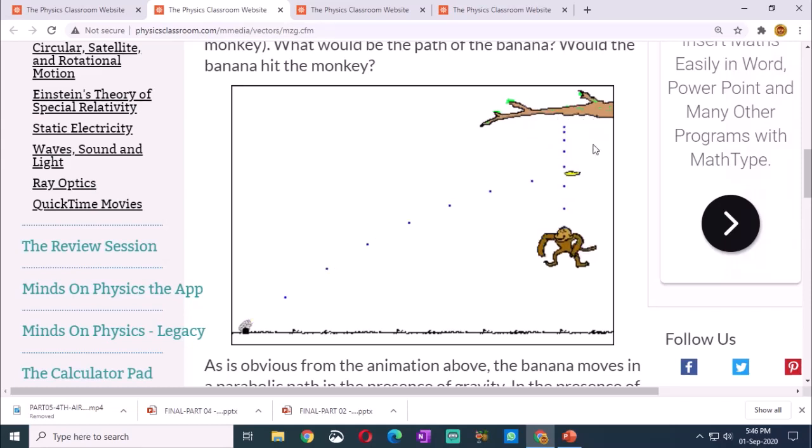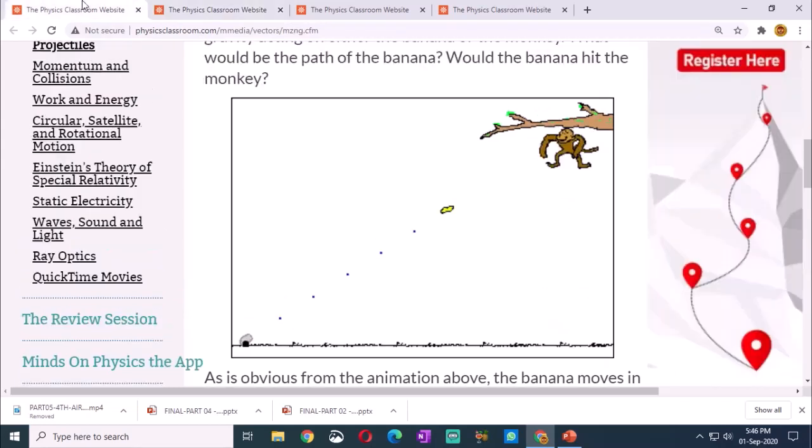As there is no gravity, the monkey is not falling down, because though the monkey wants to come down, the earth is not attracting the monkey. Though it is leaving the hand, it is floating there only. In the absence of gravity, the monkey cannot fall down.